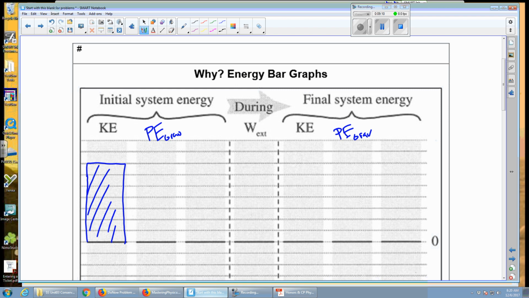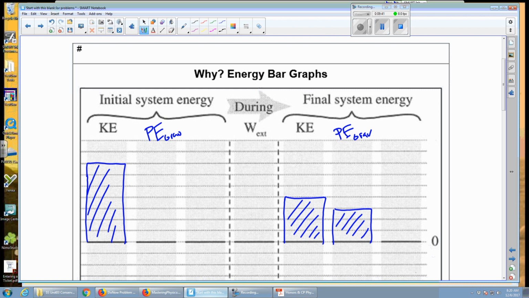No external work. When it gets up to point A, I'm going to predict that it's going to be going slower, but it's also going to have gone upwards, so it's going to have some PE grav. But it's still going to have some kinetic energy because it hasn't reached the top. Or it's reached the top and come back down. Either way would work, right? So we don't really care what happened in between. We care about the endpoints.